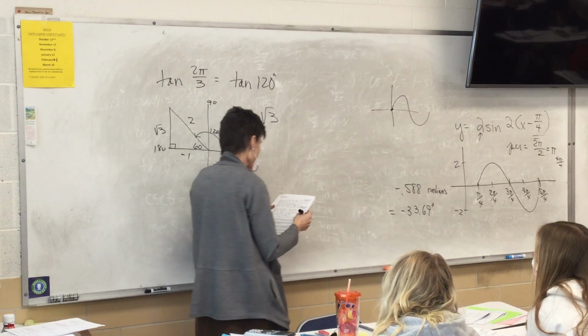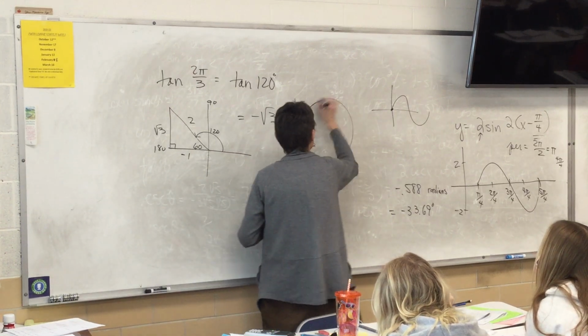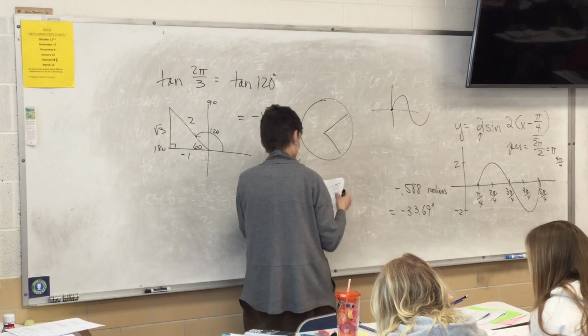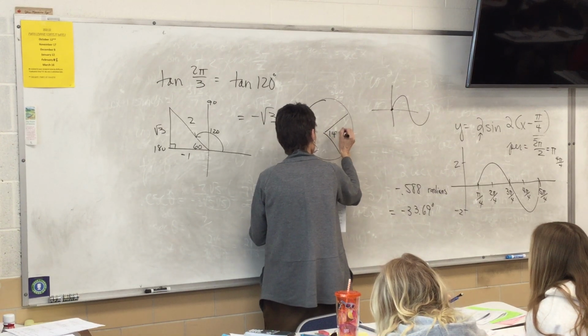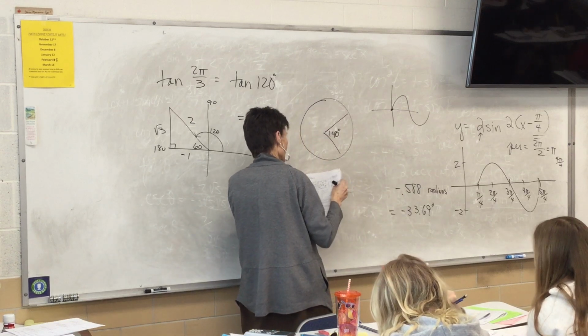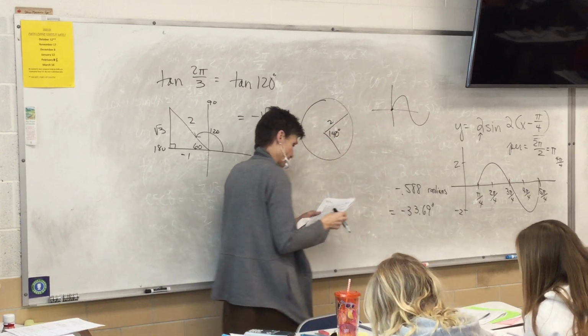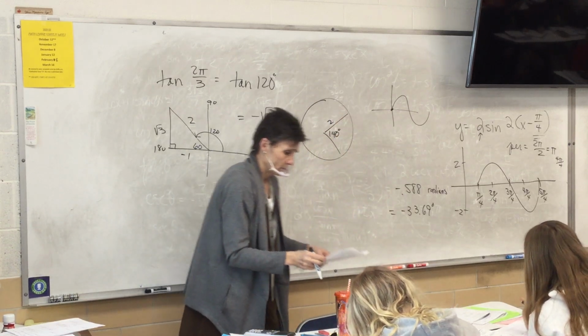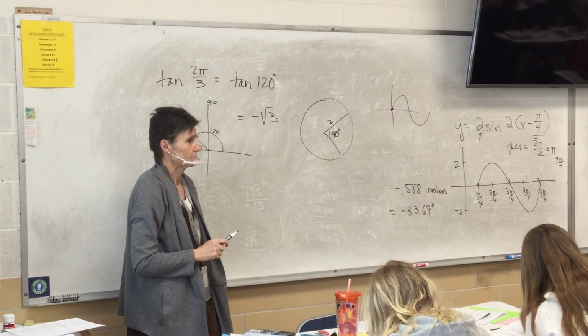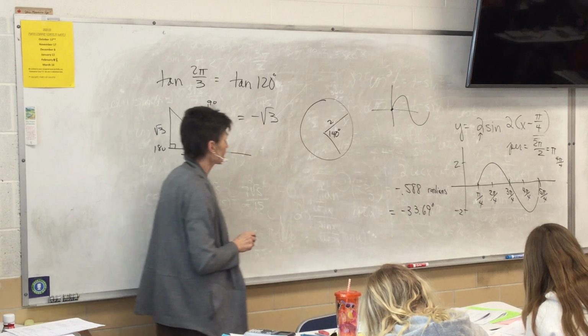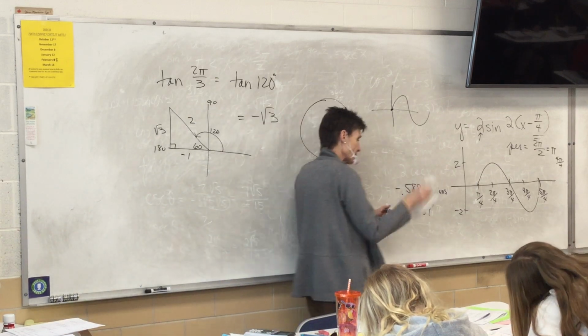All right, find the area of the shading. And we know that's 140 degrees, and the radius is 2. Anybody have a thought?